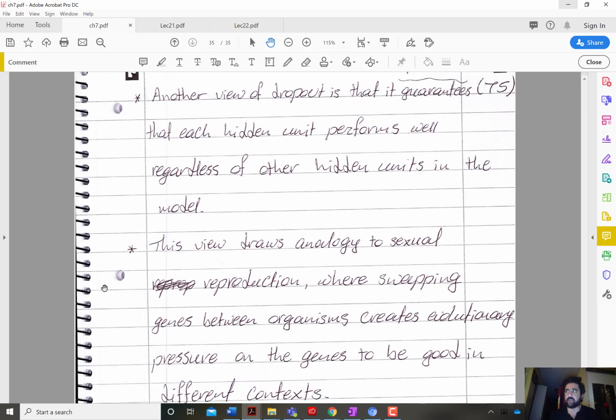But this view, among others, can give you an idea that maybe we don't need the regularization effect or the bagging analogy to Dropout, and it's really the binary mask, because of the analogy to nature, or the analogy to the gene swapping.